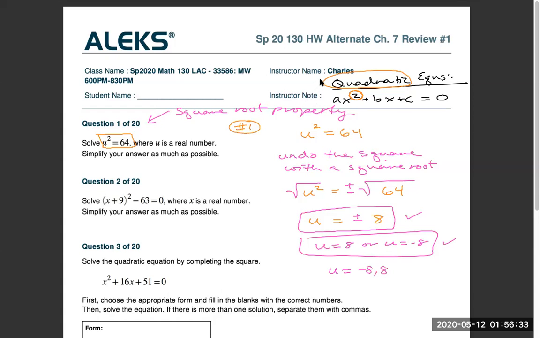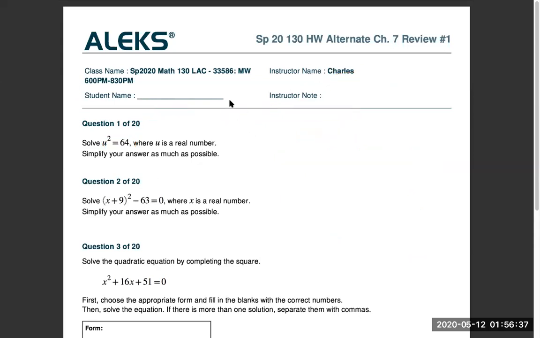All right, let me clear everything here. And then let's go into number 2. So we're solving the quantity x plus 9 squared minus 63 equals 0, where x is a real number. Simplify your answer as much as possible.